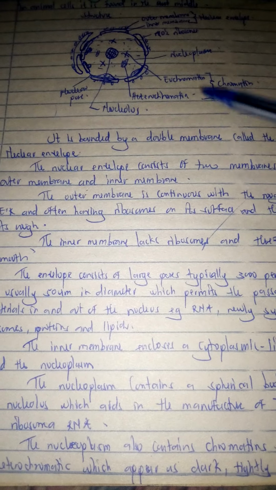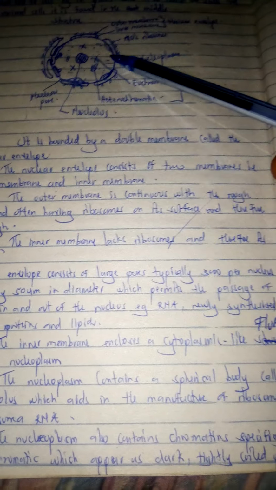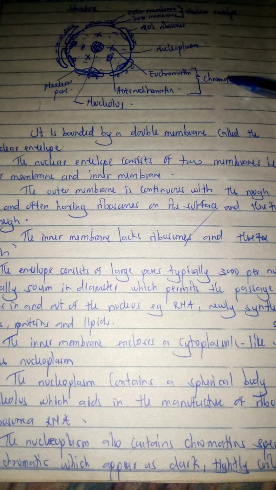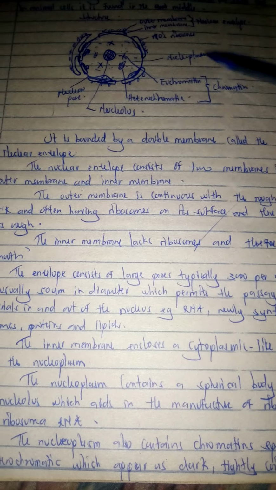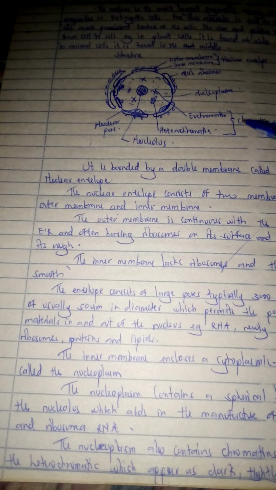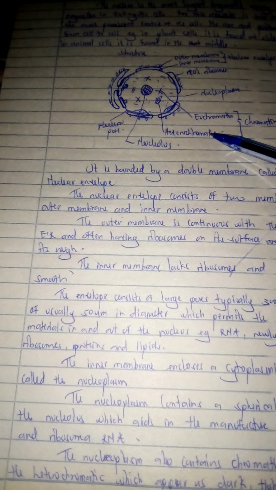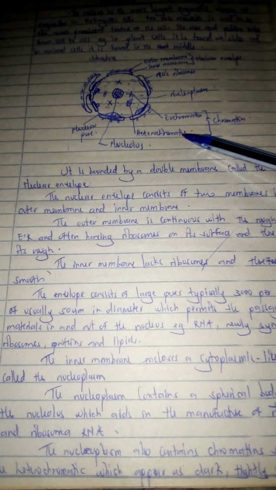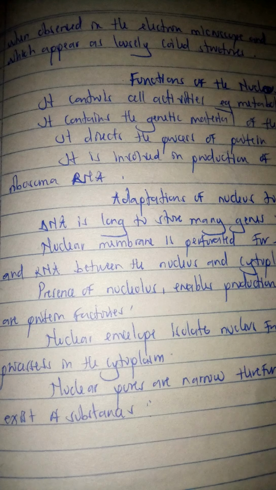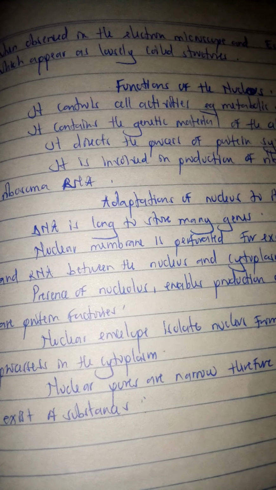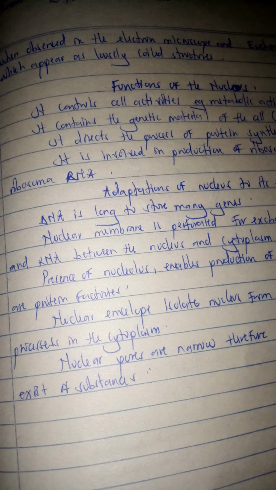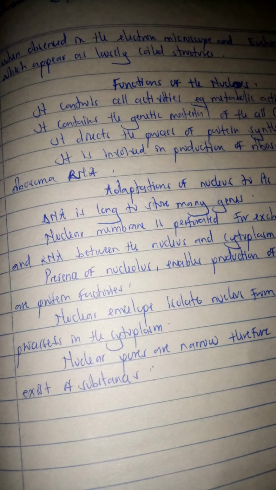The nucleoplasm also contains chromatin. You can see this is a chromatin, this one and this one. Specifically, there is the heterochromatin, which appears as dark, tightly coiled patches when observed in the electron microscope, and the euchromatin, which appears as loosely coiled structures.